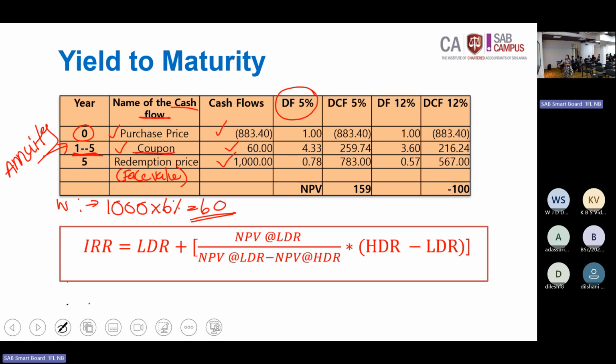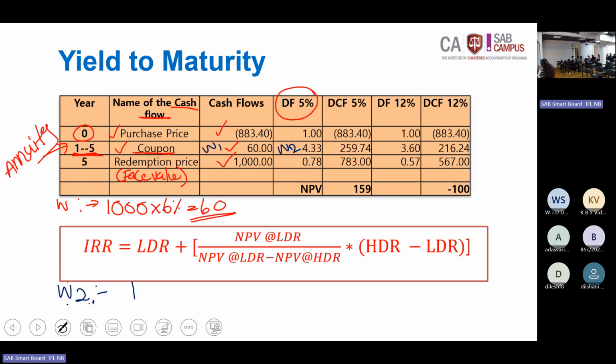How can we calculate this 4.3? Working number 2, W2. This is W1. Right? 4.3. How can you calculate this 4.3?